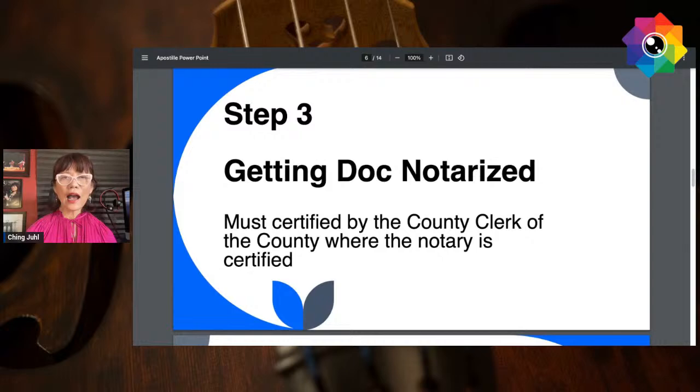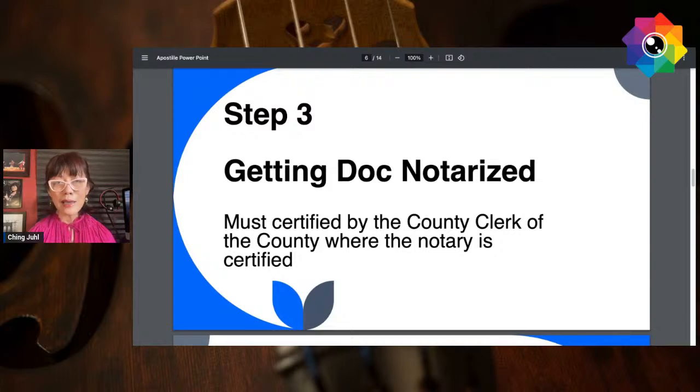Number three, getting the document notarized. Now, people say I can get my document notarized in a laundromat. That did not work for me because I went to a laundromat, and their stamp was not recognized by the New York County Clerk. So avoid going to a laundromat or any small entities. Not even the banks.